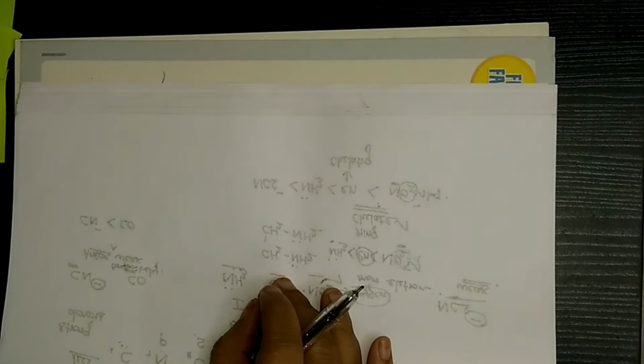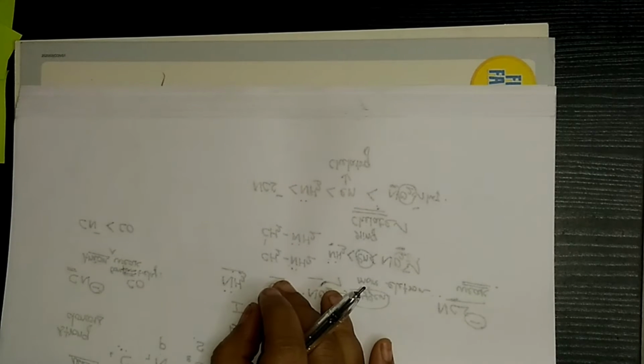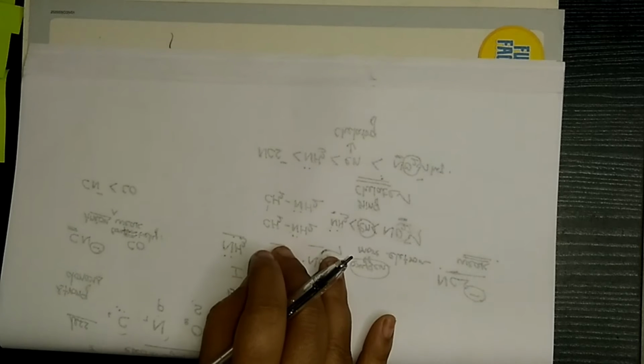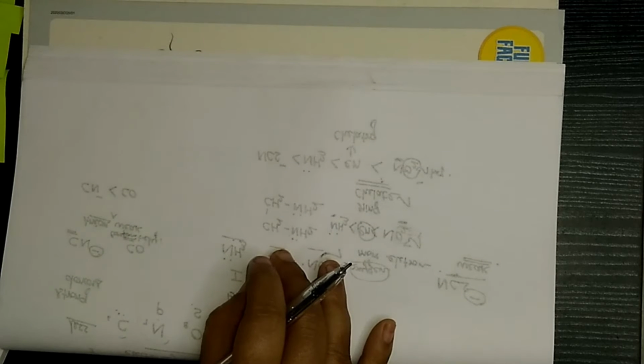We will see some example of the chelating ligand. See, I am giving a set of a list and I will explain how to arrange it.